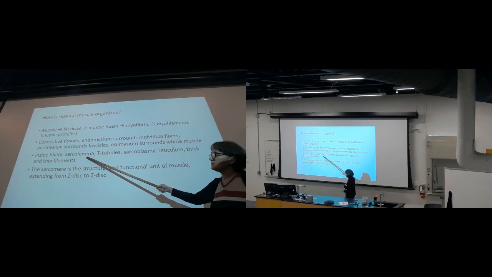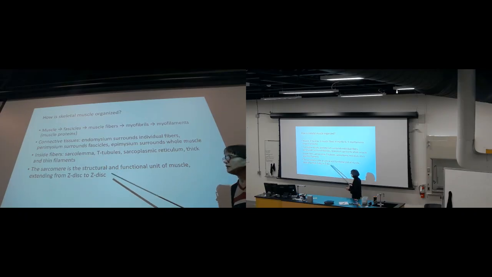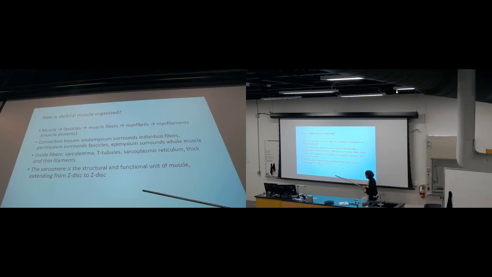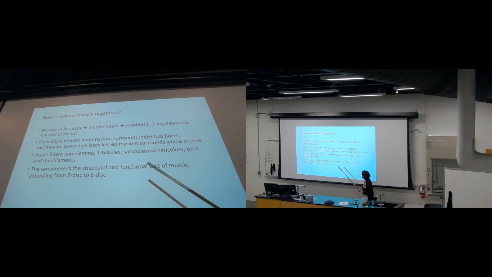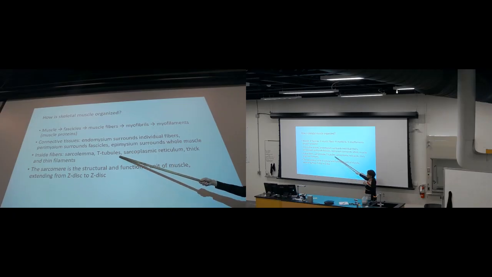Now, inside these muscle cells, we have different structures, and they have specific names. We have a plasma membrane that surrounds these cells, which is called the sarcolemma. The sarcolemma extends deeply into the cytoplasm, forming a tubule.